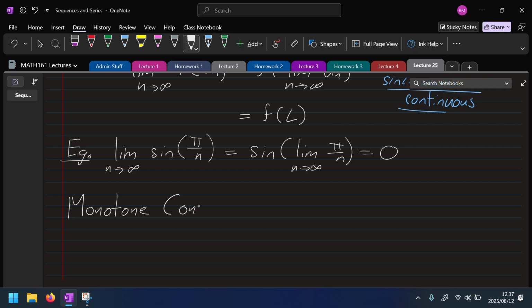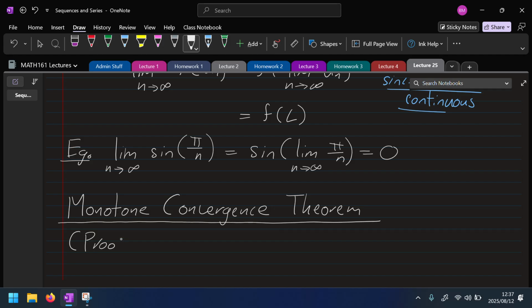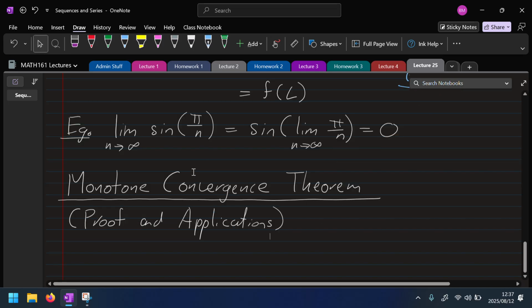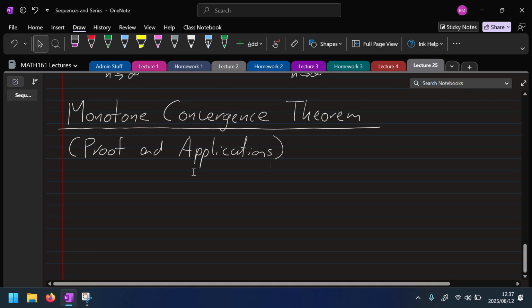The monotone convergence theorem: proof and applications. That's the main thing for this chapter, this theorem, the proof and applications of it.